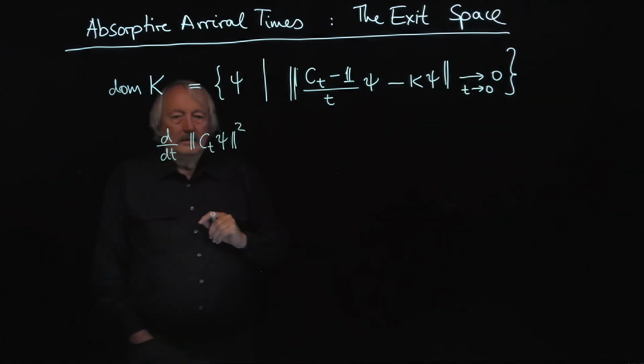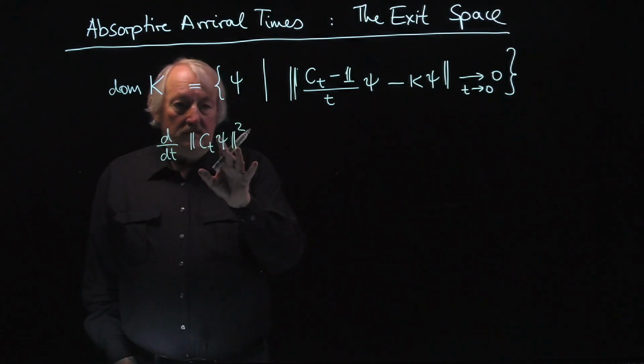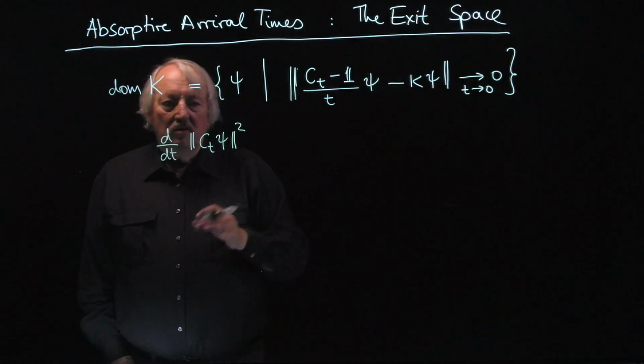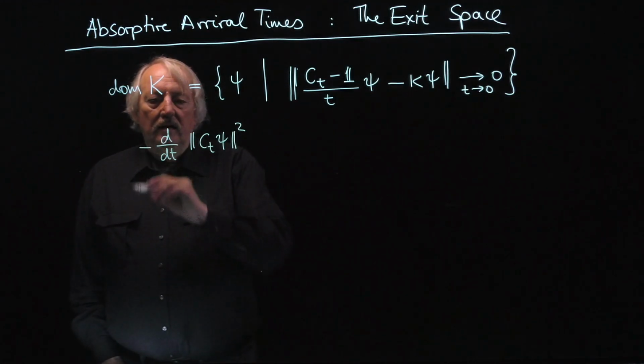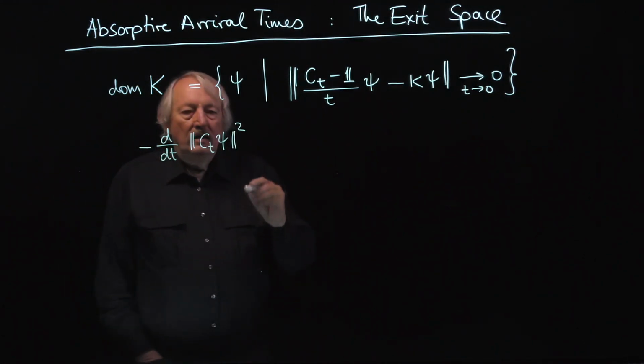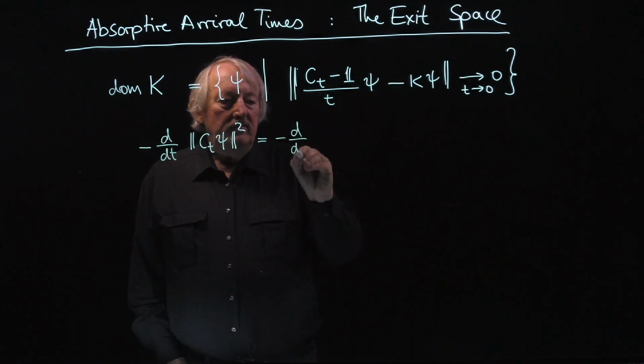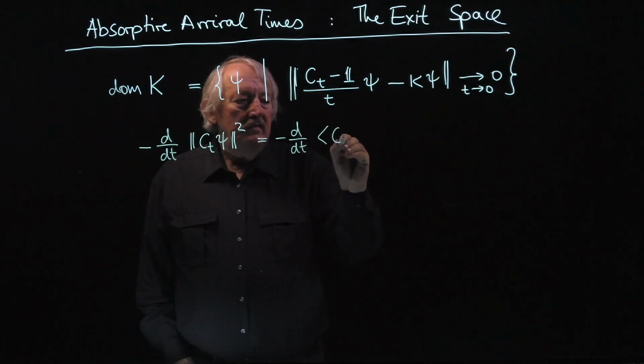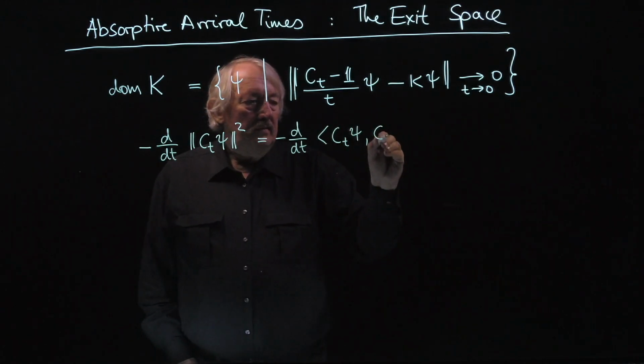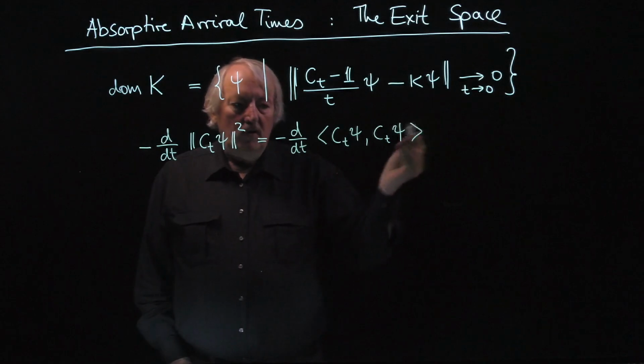Let's look at that. Now, this is going to be a negative quantity because we're looking at a contraction semigroup, so I'll put a minus sign. Now, this is the derivative of ct psi, of course.